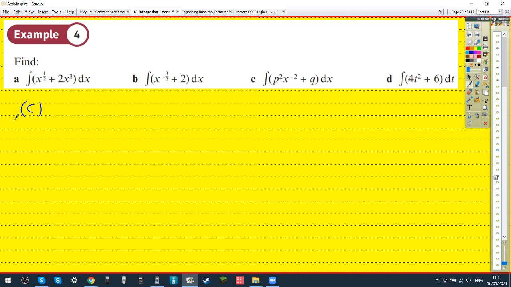So do I do everything in the bracket first? Just integrate what's in the bracket. So for the first part, it would be a third p cubed.